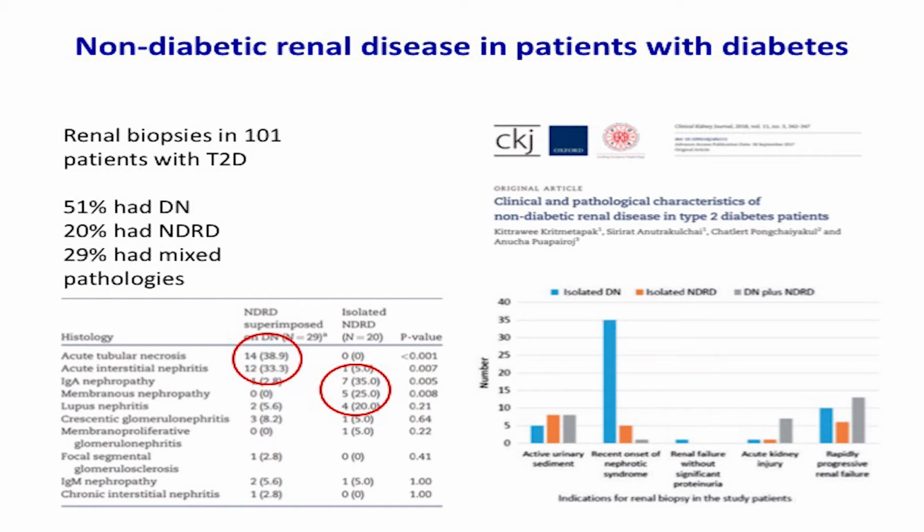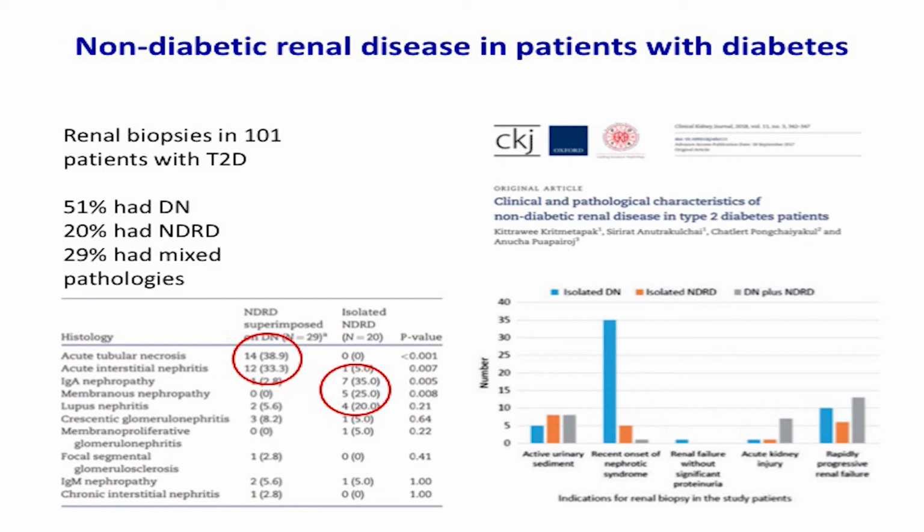And very similar findings were reported in this study as well. If I draw your attention to the bar chart in the bottom right, look at the recent onset of nephrotic syndrome. By far the commonest cause of that was isolated diabetic nephropathy.